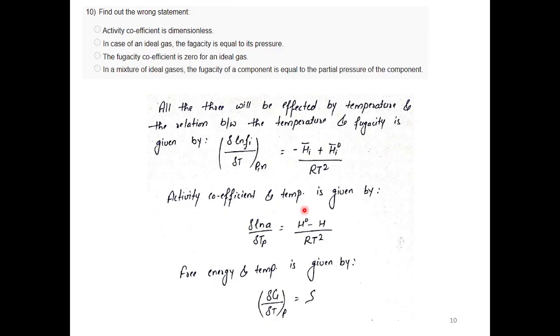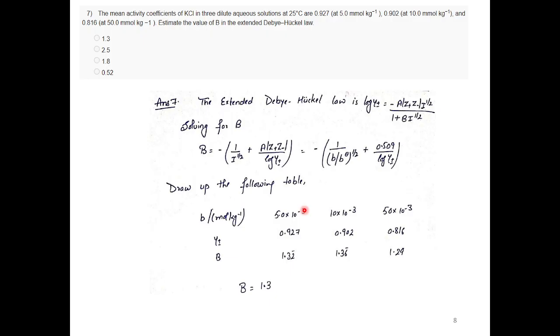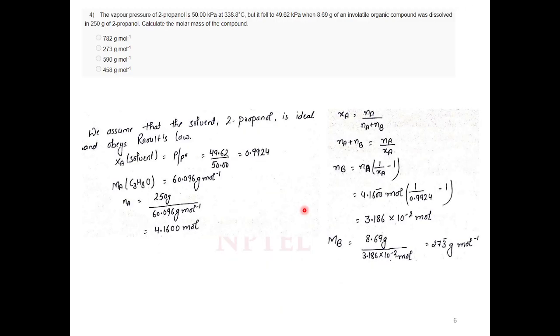Find the wrong statement: in case of an ideal gas, fugacity is equal to its pressure. That is wrong, so the second is the answer. So here you get the Raoult's law concept. And here also the mean ionic activity coefficient, where you will get the b value 1.3, and here the mean ionic activity coefficient, where you will get 0.661, and this way you need to work through some examples.